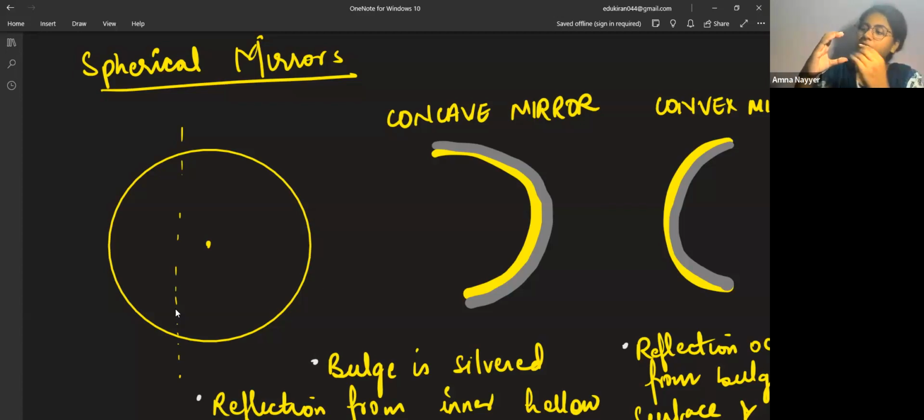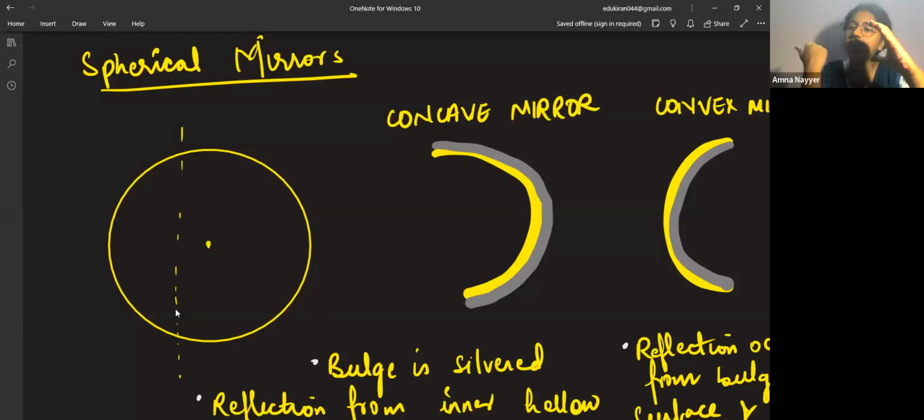So reflection will occur from the inner hollow portion, and the outer part has been silvered so that no reflection can occur. If again I have this entire hollow sphere with me, and I have cut it, this time instead of silvering it from outside, I have painted and polished it from inside.